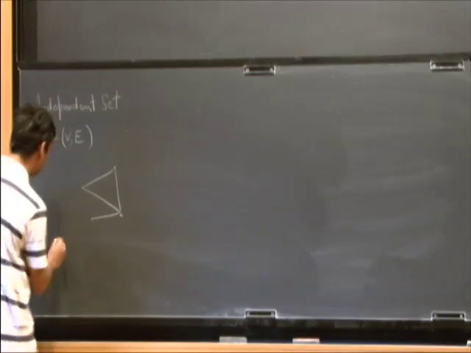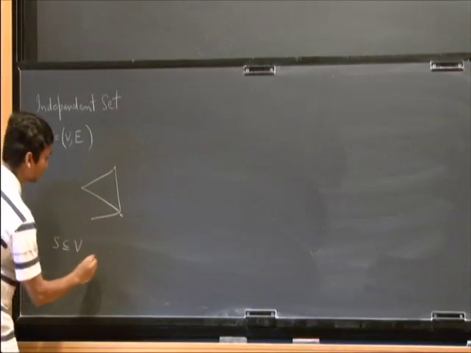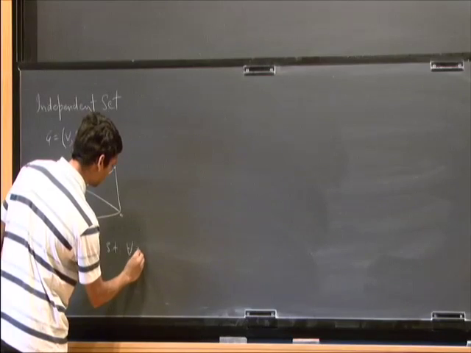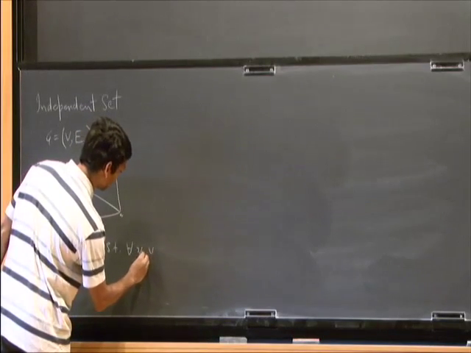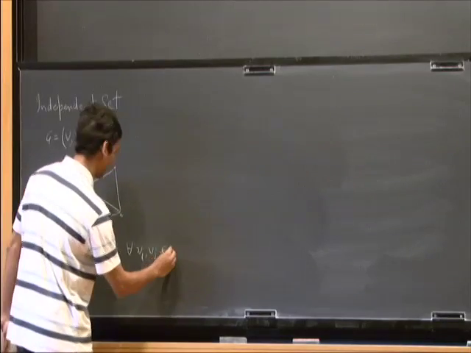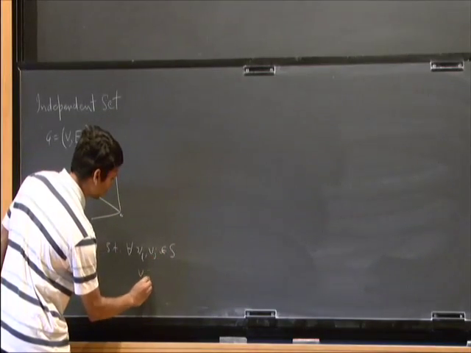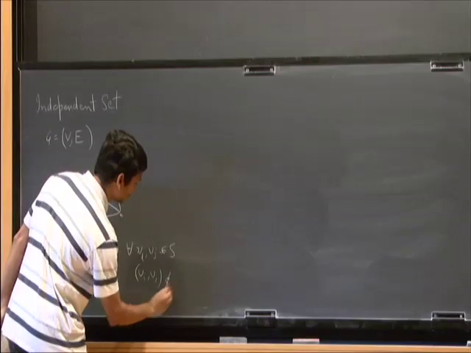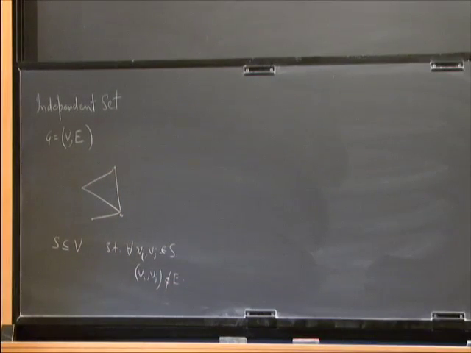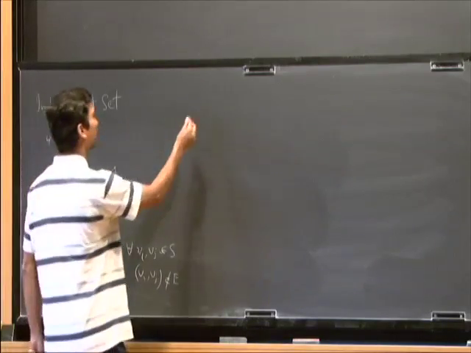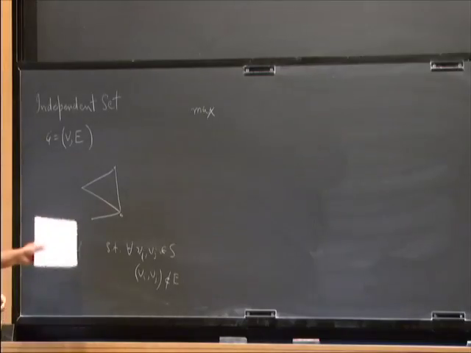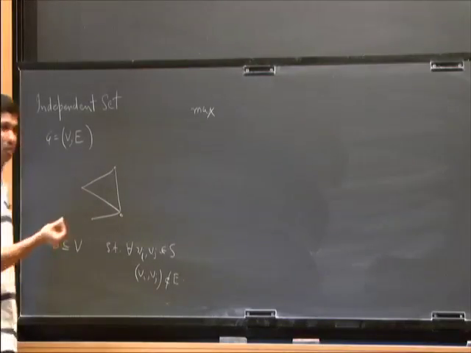So you want to find a subset S of V such that for all Vi, Vj in S, (Vi, Vj) is not an edge. This is a simple problem. Let's try to write it as an integer program. The problem is to find the maximum subset which satisfies this condition.